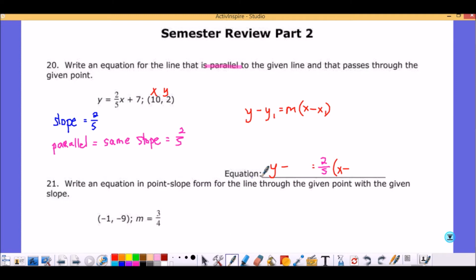I apologize. And my x value here would be 10. Alright, so hopefully you caught my mistake. So the final answer is y minus 2 equals 2/5 times the quantity of x minus 10.